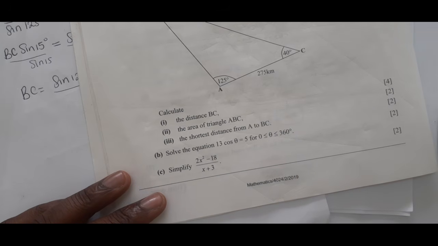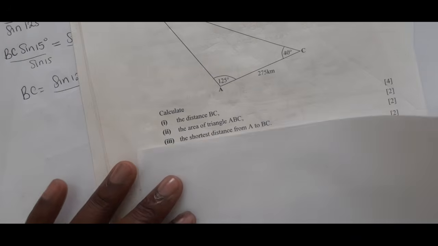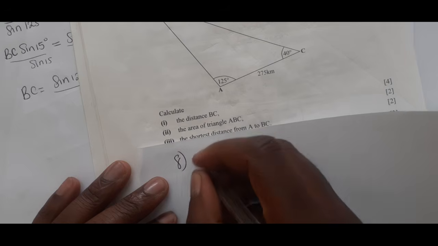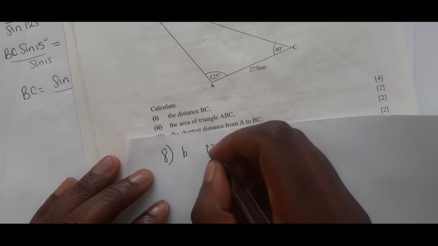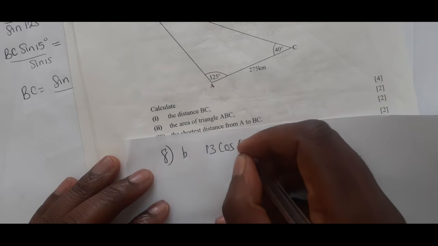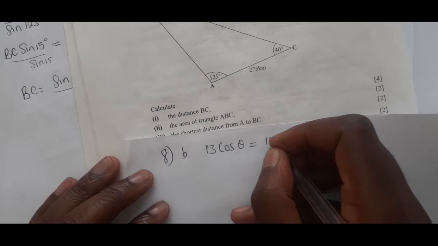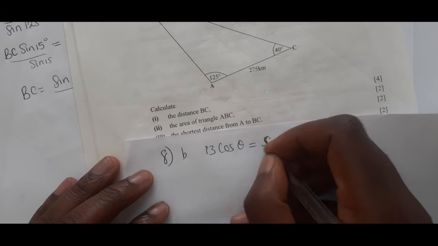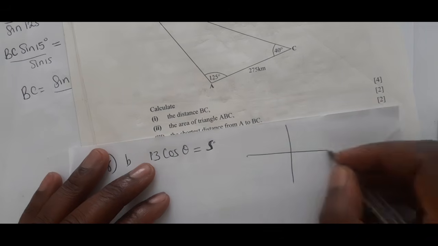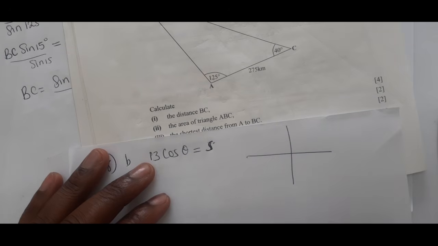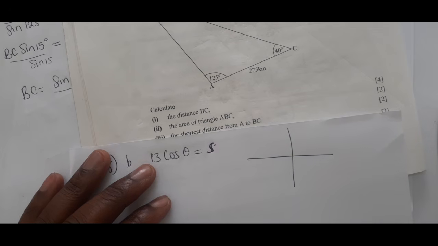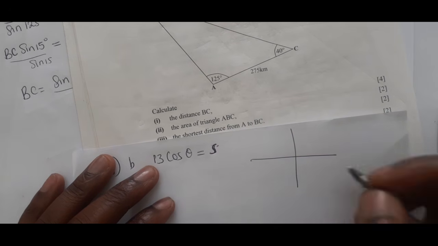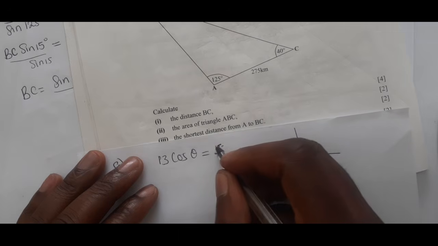So this is 8b. We are told that 13 cos theta equals 5. Since we are looking at all 4 quadrants, because it is from 0 up to 360, it's a complete turn. So what are we supposed to do?